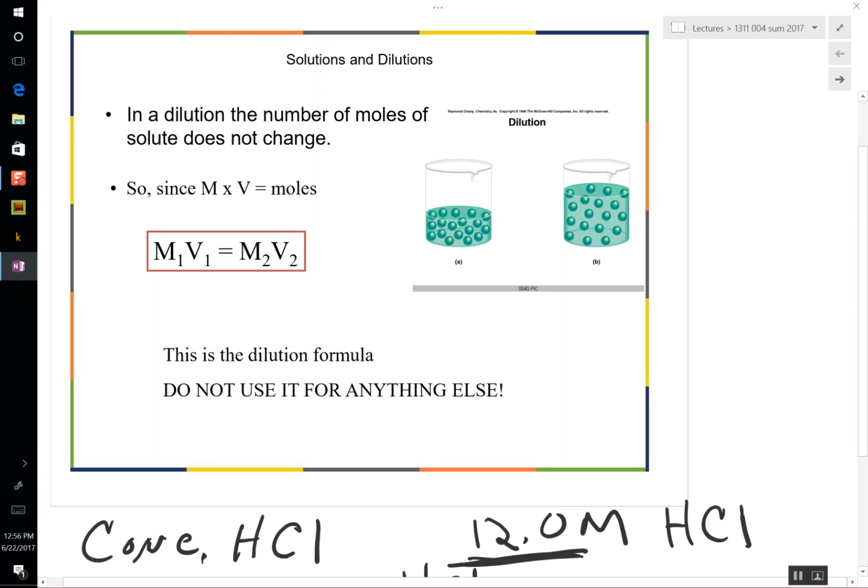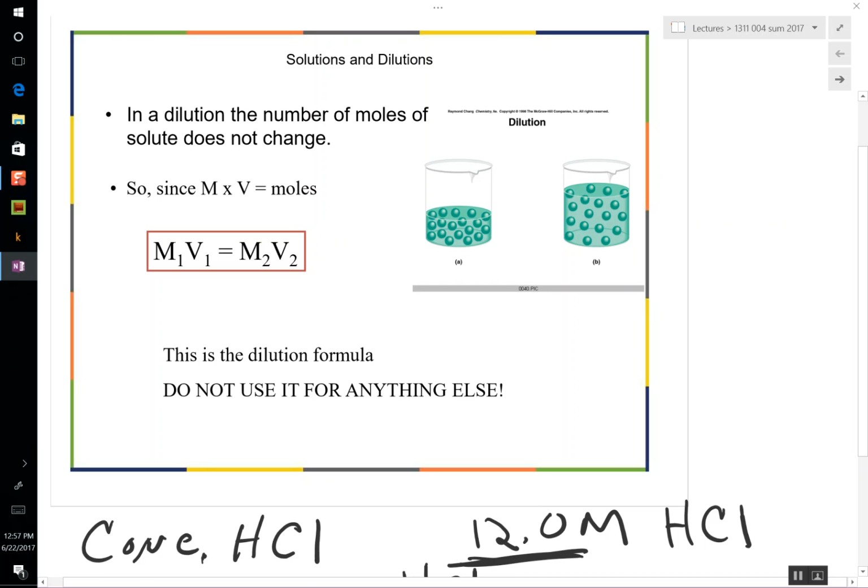If you have a mole of hydrochloric acid and you double the volume with water, you have 1 mole in double the volume. So you've halved the concentration.